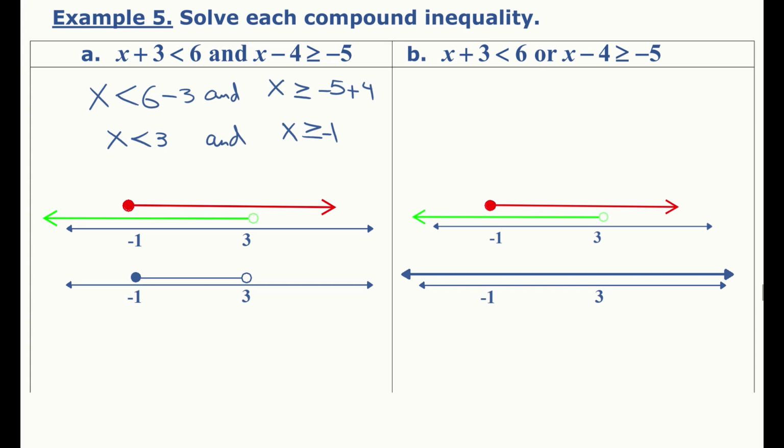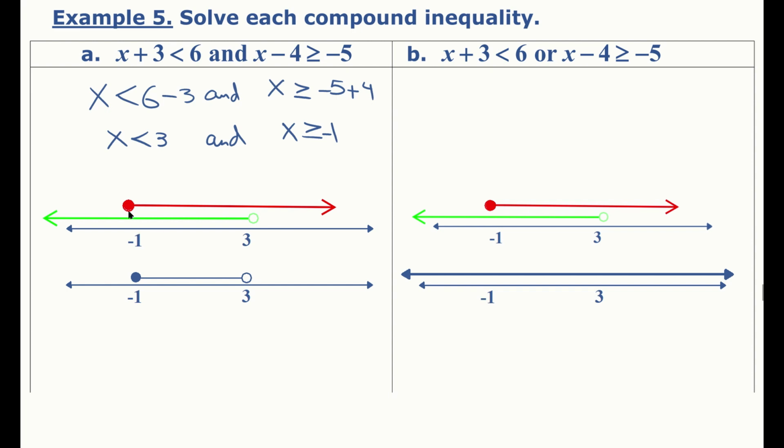Okay, so here we have depicted this first inequality, x less than 3, in green. We notice that we have an open circle because it's not less than or equal to, it's a strict inequality, so 3 is not included. And the second one, we've depicted in red.